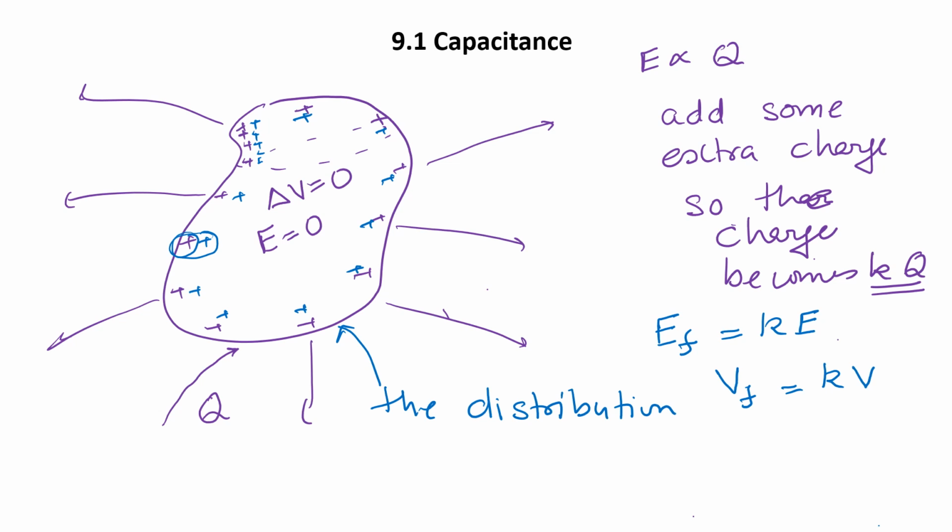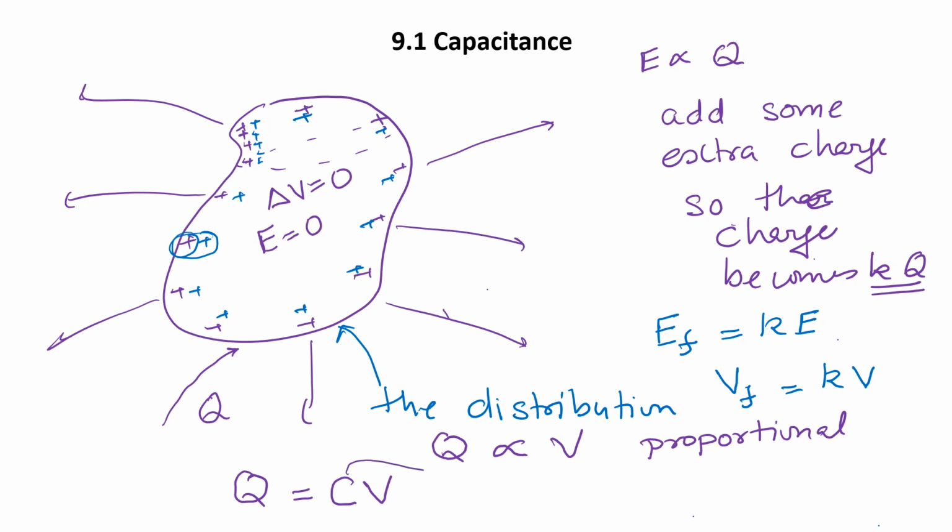From this, we can conclude that the charge and the potential are going to be proportional to each other. This proportionality constant is called capacitance. The proportionality constant between charge and potential is capacitance.